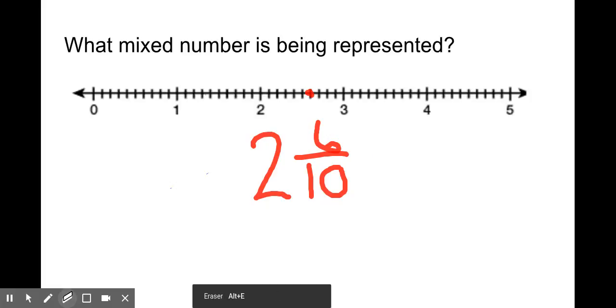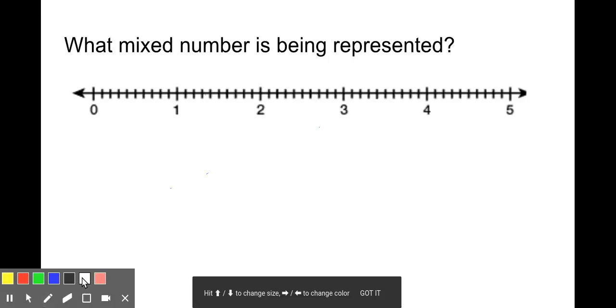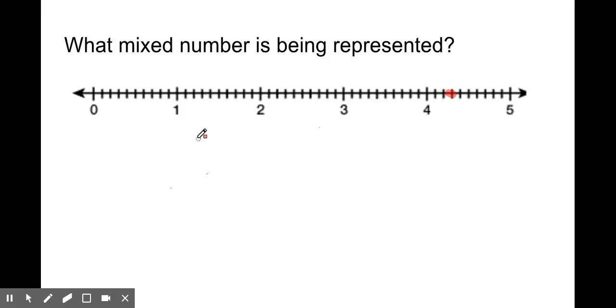So we're going to do one more on this number line, and then I'm going to show you another one, and we're going to represent each of those values together. Okay, so we'll do a pink dot here all the way down here. So this represents how many wholes? Well, 1, 2, 3, 4, not all the way to 5, but we did get all the way to 4.